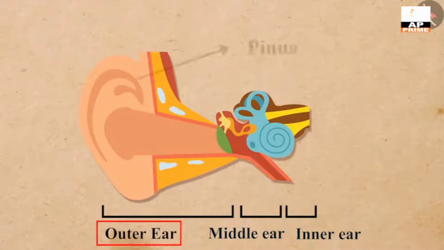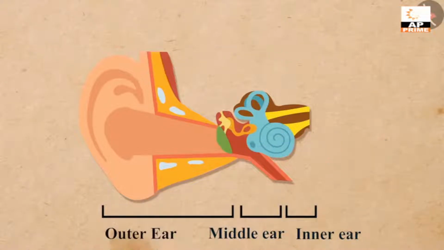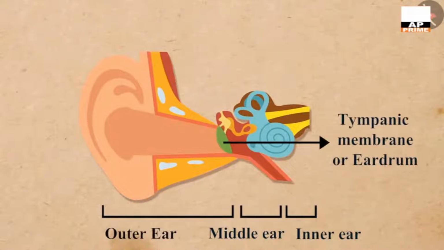The pinna of the outer ear collects the sound from the surroundings, and then it passes through the auditory canal. Then the sound reaches the eardrum or the tympanic membrane.